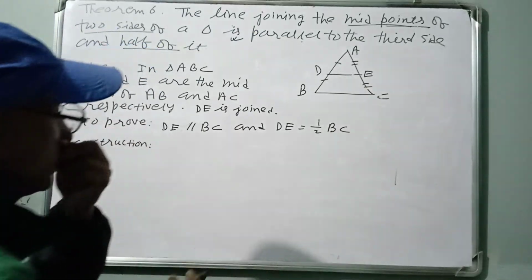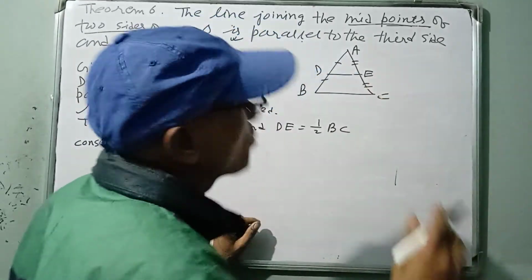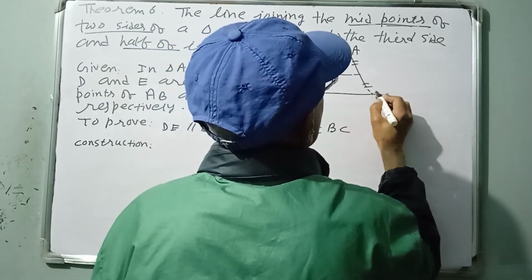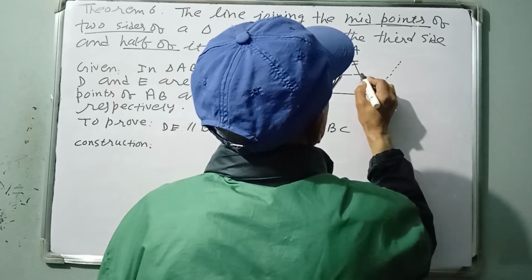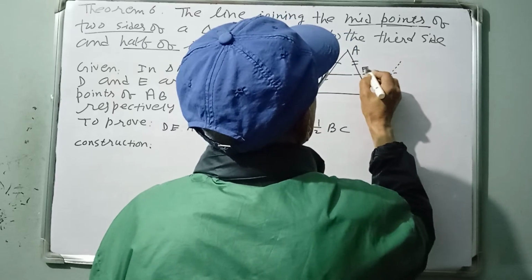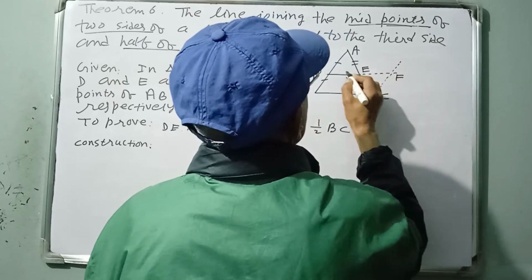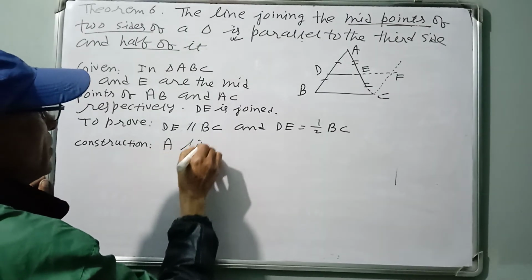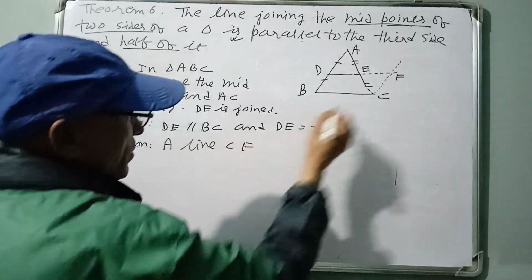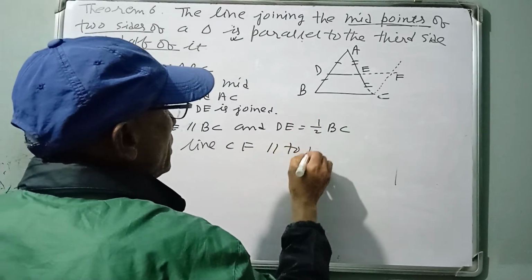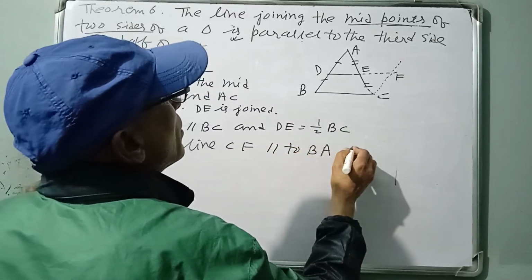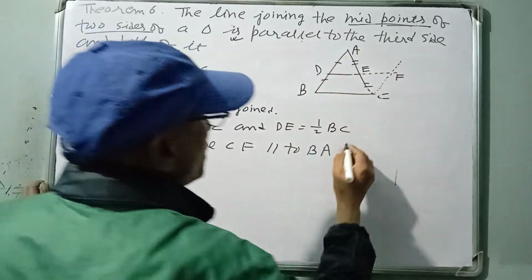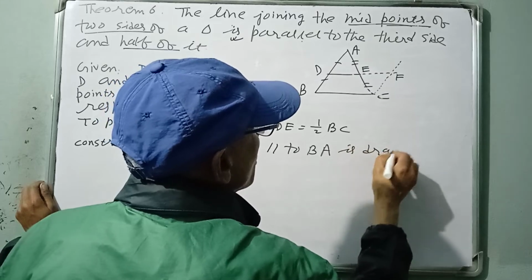Construction लाई म फेरि यहाँ गर्दिन्छु, यहाँबाट अनि फेरि यसको प्रुफलाई गरौँ न, यसलाई बढाउने। Write here what to write: draw line CF parallel to BA. Line CF parallel to BA is drawn.